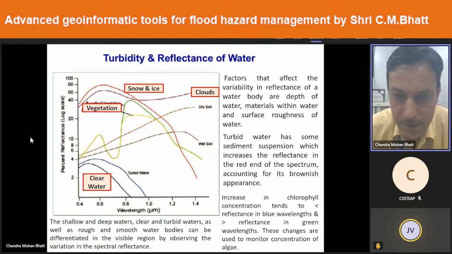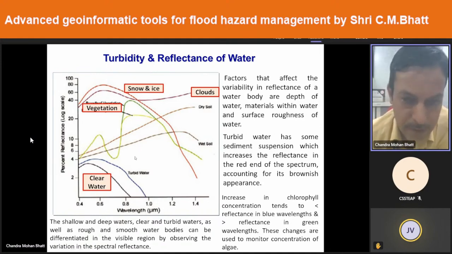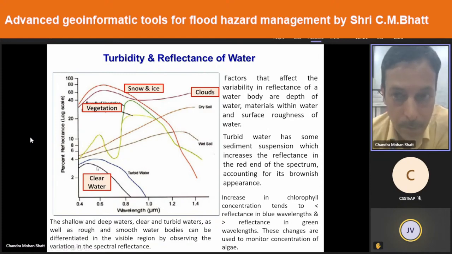From the optical imaging perspective, in the picture you are seeing the spectral reflectance curve. The reflectance of water gets impacted by the nature of the water, the depth of the water, and the presence of materials within the water.